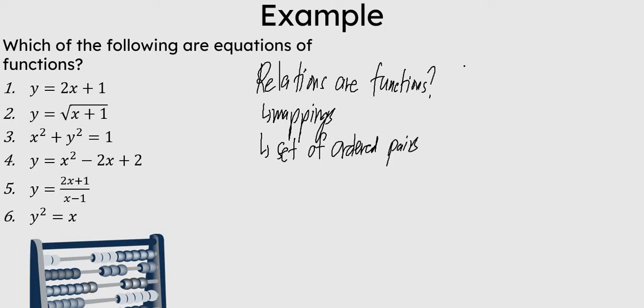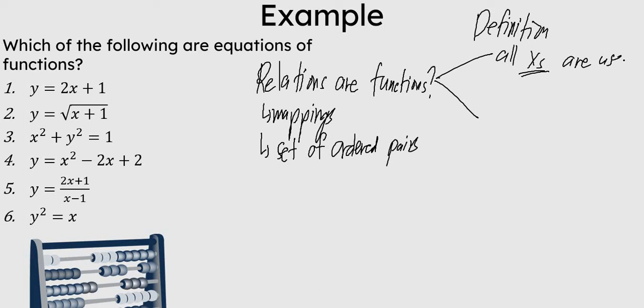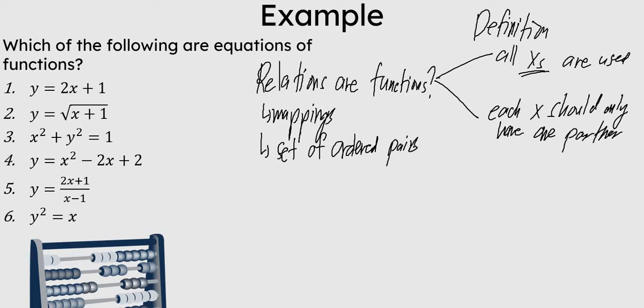Do take note that both of them come from the definition that all the elements of the domain, or x's, are used, and each x should only have one partner.